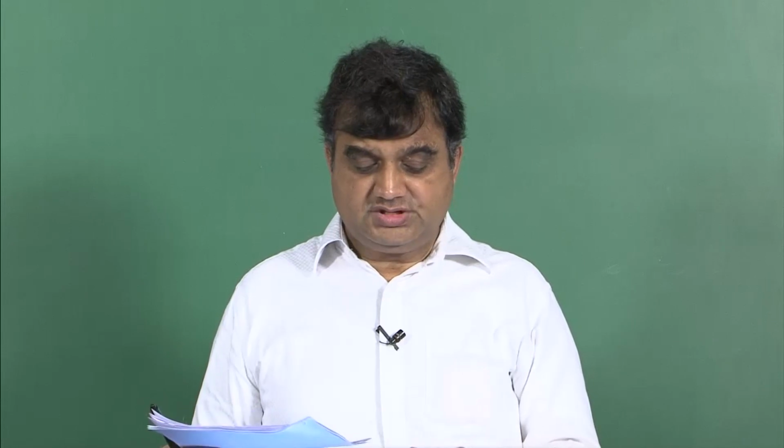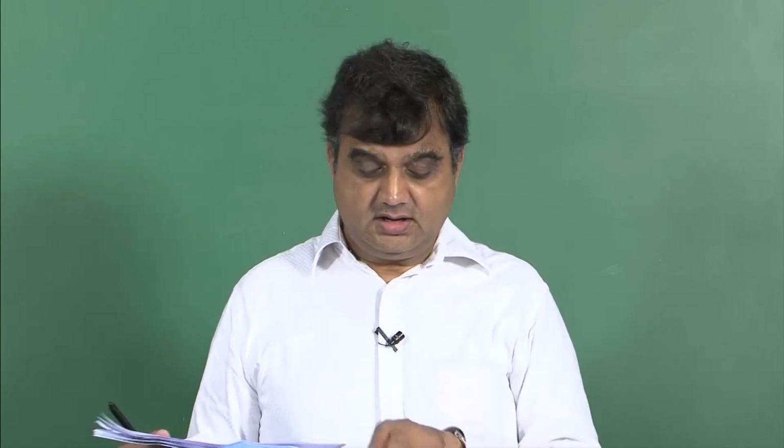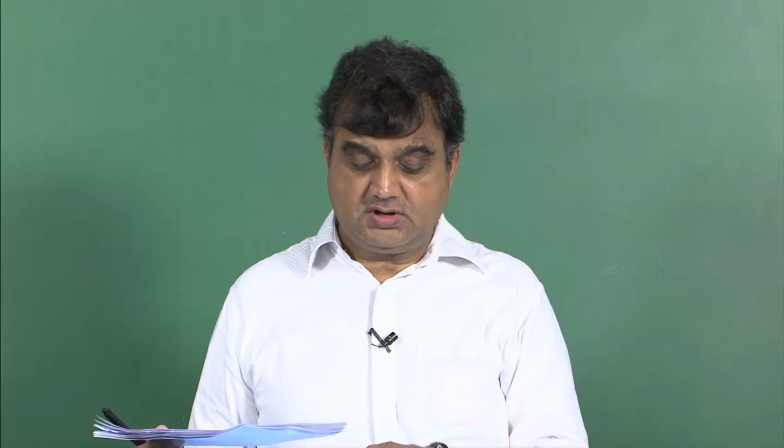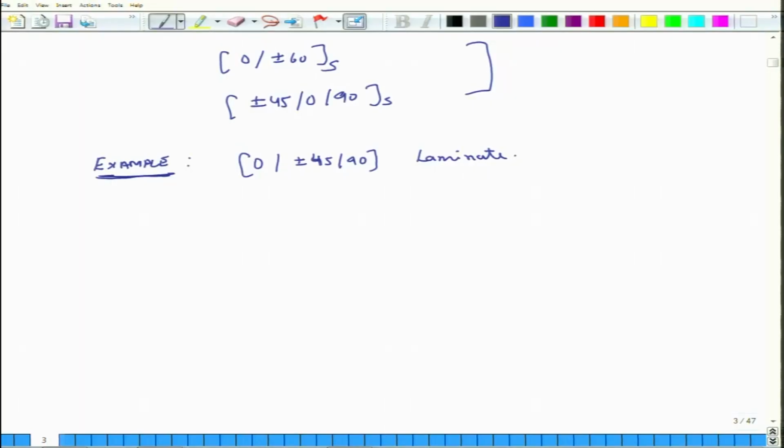So, we will figure out a way to calculate that by using the theory we have learned so far for the 0 plus minus 45, 90 quasi isotropic laminate. That is what we are going to do.